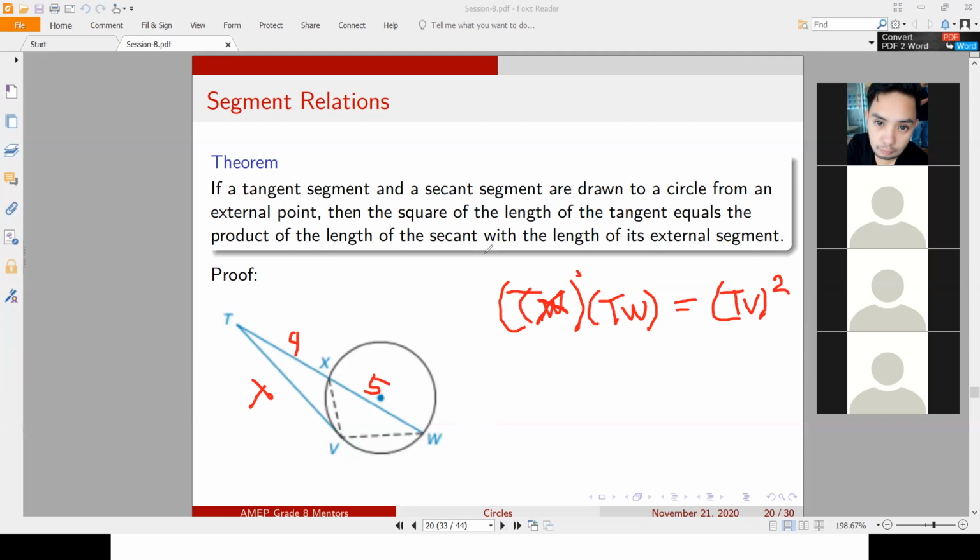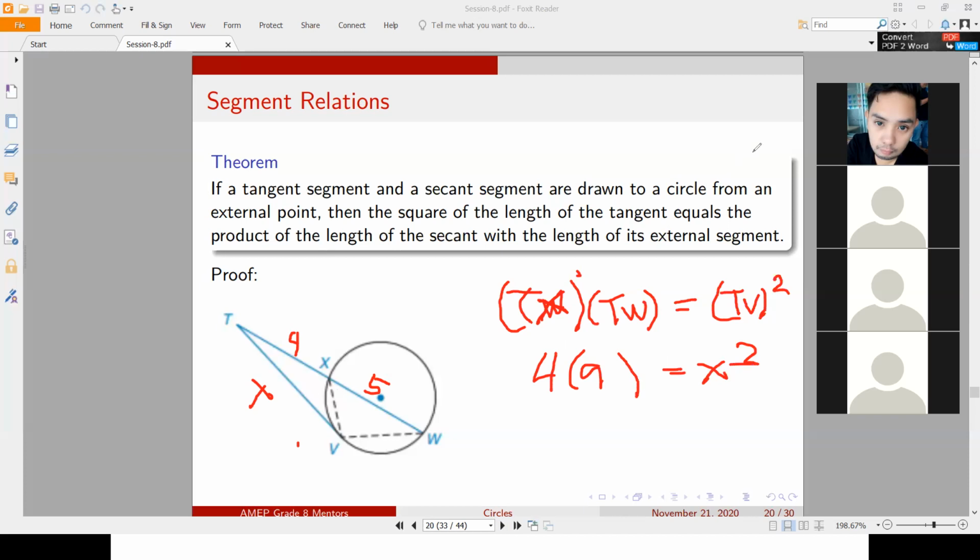So, what is the measurement of TX? 4 po. So, that will be 4. TX is 4. Ano ang TW? What is TW? 9 po. That will be 9. And TV will be x squared. Okay?